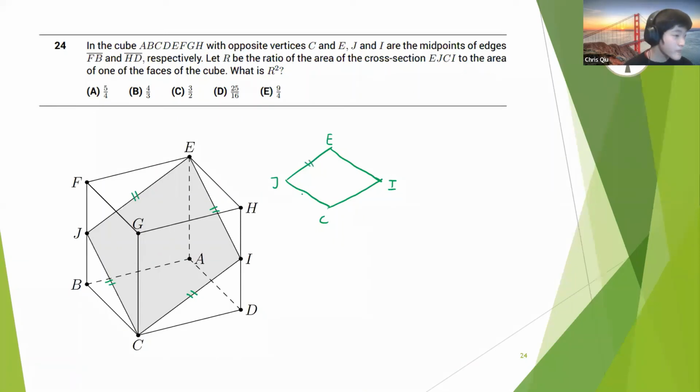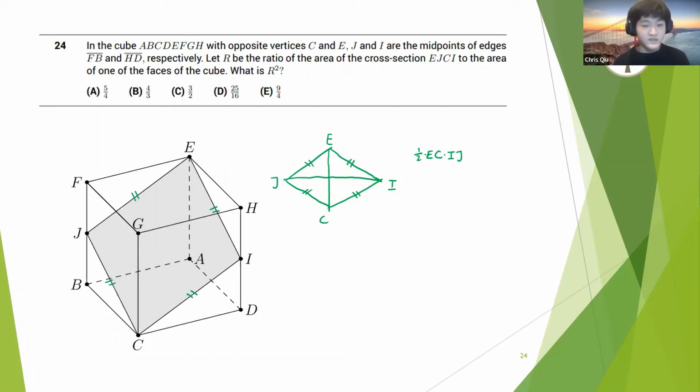One property we know about the rhombus is that its 2 diagonals are perpendicular. And in fact, the area of a rhombus is equal to 1/2 times the product of the lengths of its 2 diagonals.